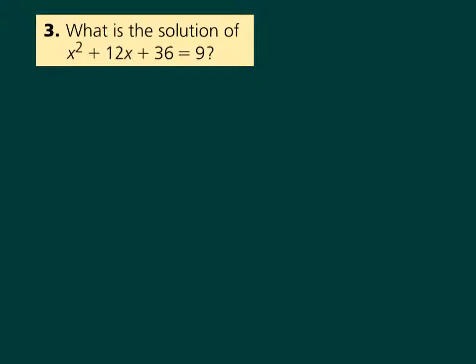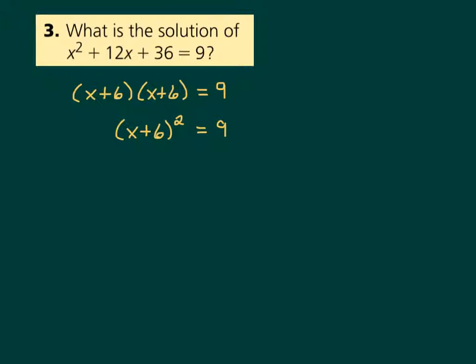Because that is a trinomial that factors as x plus 6 times x plus 6. The right-hand side doesn't change, it is still 9. So the left-hand side we can write as x plus 6 squared equals 9.